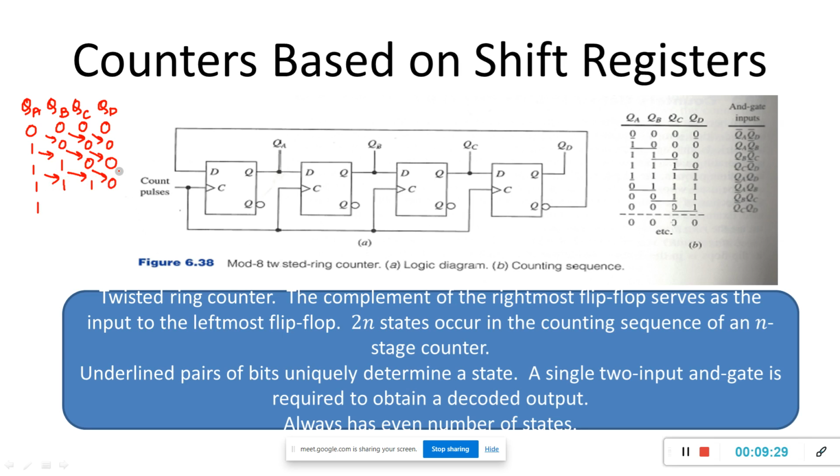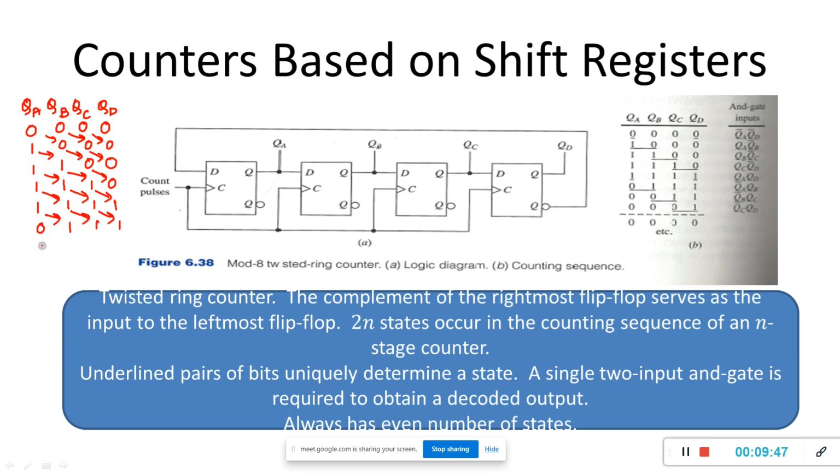So it will come here. This one will shift here, this one will shift here, this one will shift here. Now QD is 1, QD bar will be 0, so it will be shifted to QA. This one will come here, this one will come here, this one will come here.